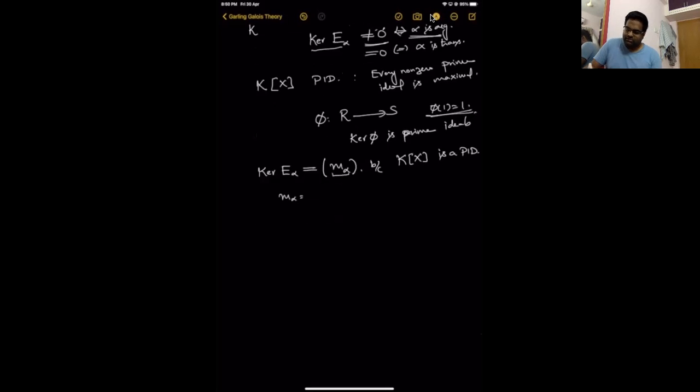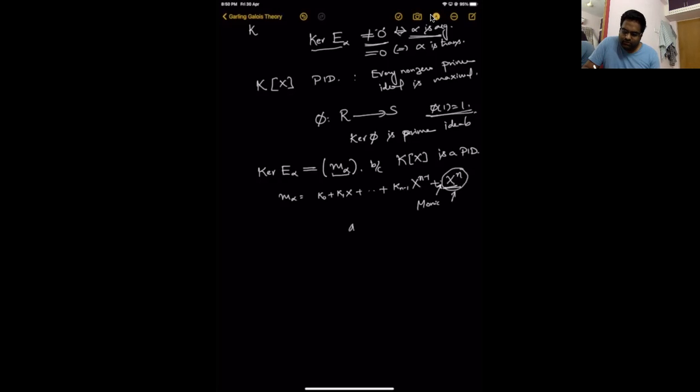If M alpha is equal to, let us say, k naught plus k1 X plus ... plus k sub n minus 1 x to the power of n minus 1 plus x to the power of n. A polynomial is said to be monic if the coefficient of the highest degree monomial is equal to 1.